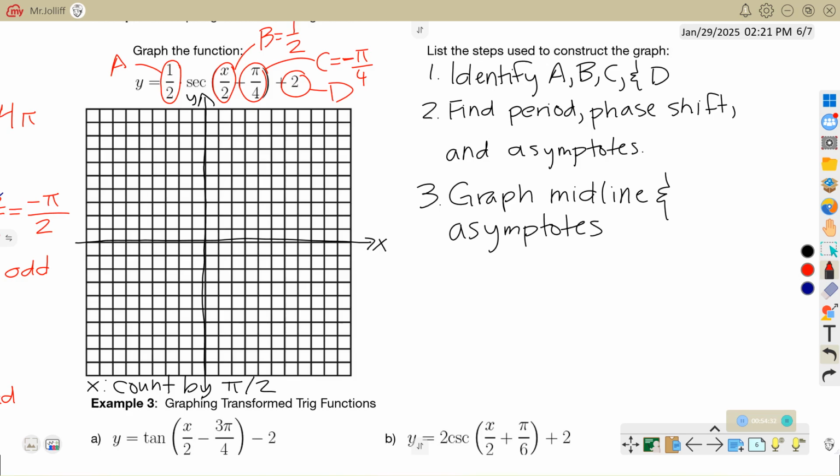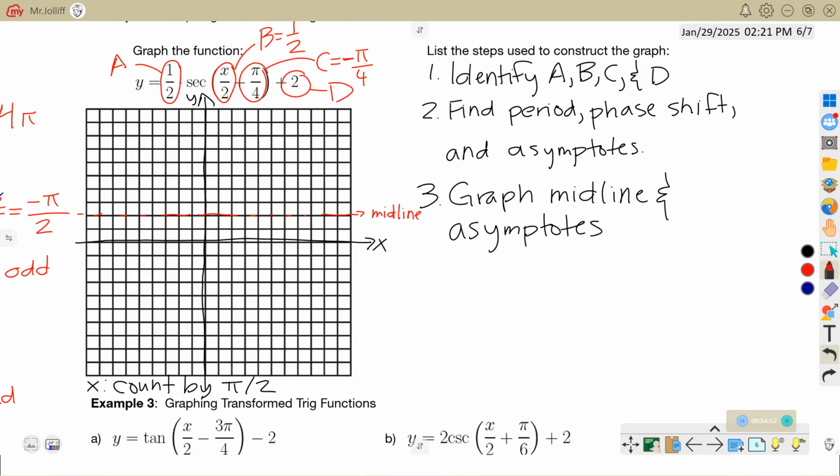Now we can start plotting stuff. So midline is at 2. Very first line I draw, I should have a midline here. Yeah.